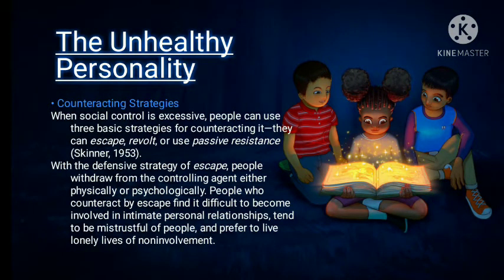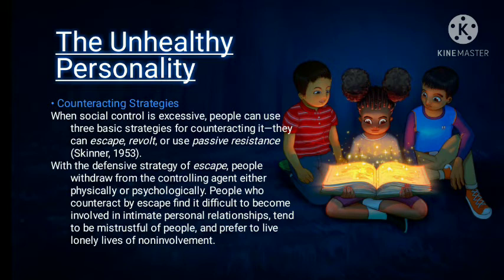So usahay daw makaproduce og detrimental effects ang mga techniques sa social control ug self-control, which is an inappropriate behavior ug unhealthy personality development. Counteracting strategies. Pag sobraan daw ang social control, people will counteract like escaping, revolting, or using passive resistance.